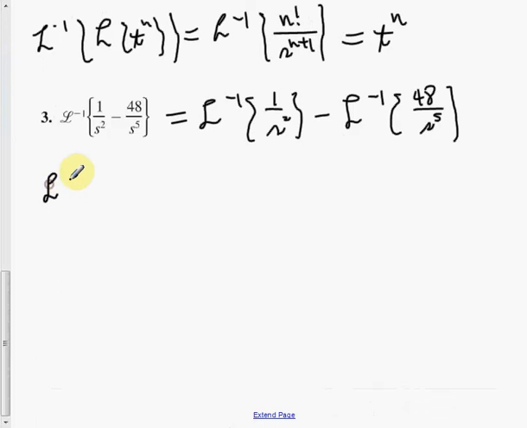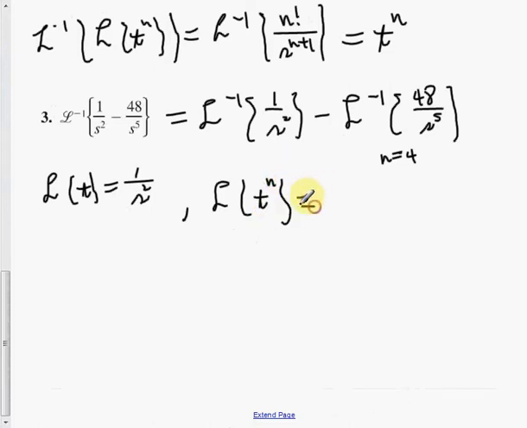Well, you recall that the Laplace transform of t is 1 over s squared. So that first one is just t. But now for that next one, we look at the Laplace transform. n here is going to equal 4. So we look at the Laplace transform of t to the n, well, t to the fourth, excuse me.